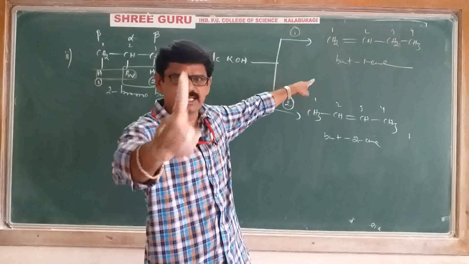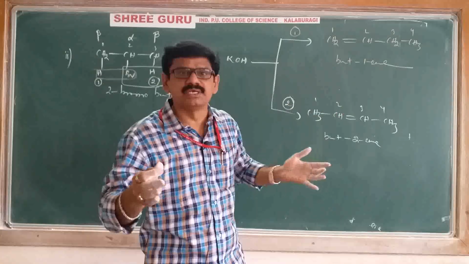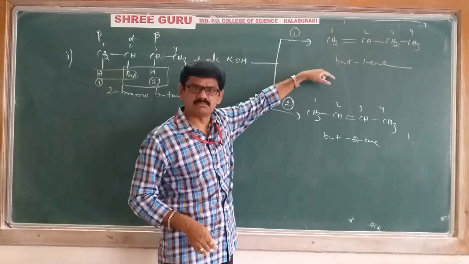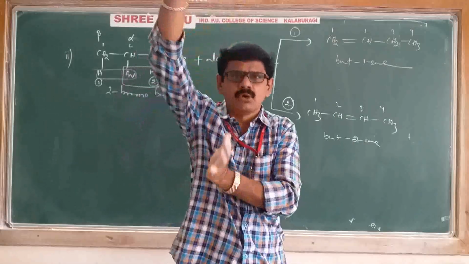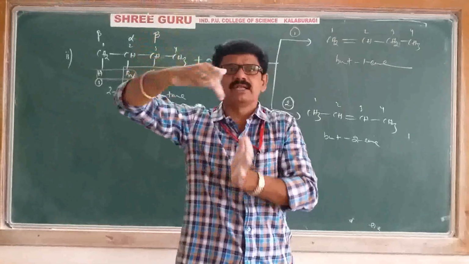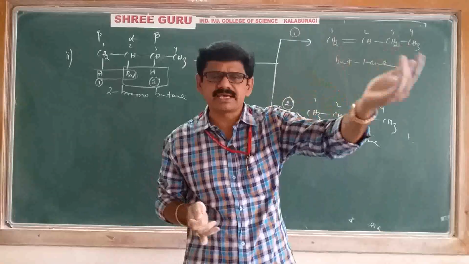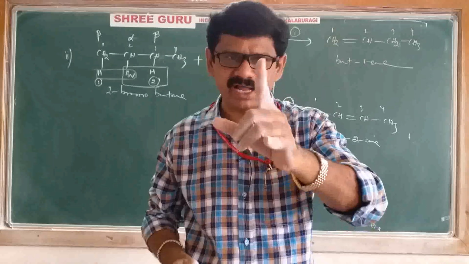Out of 2, only one is major, one is minor. I'll repeat once again: 2 we are getting, but in equal proportion we will not get. One will get a more amount, nearly 90 to 95%, and one will get only 5-10%.